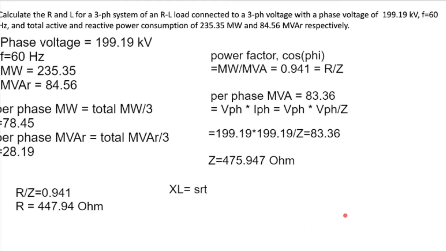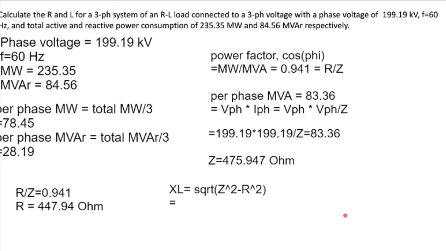is square root of Z squared minus R squared. XL is how much? 154.